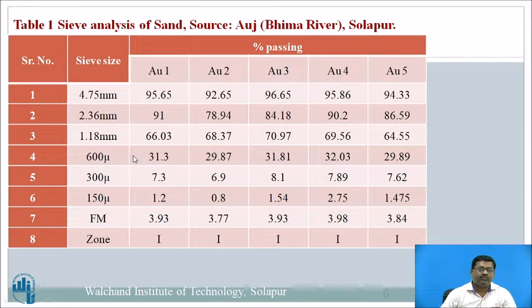For 600 micron, the most important sieve size, it is between 29 and 32, then 300 and 150, where the finer values are there. The fineness modulus is near about 3.77 to 3.98, and the percentage passing of all those 5 samples is compared with the zones. All the samples, 1 to 5, belong to zone 1.